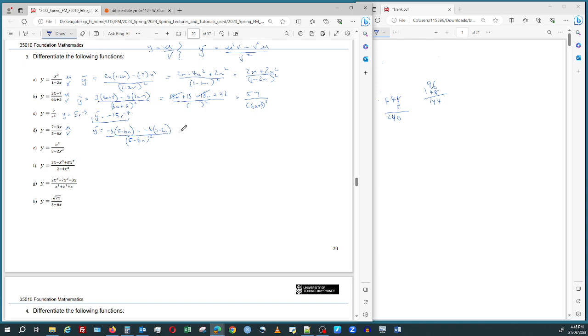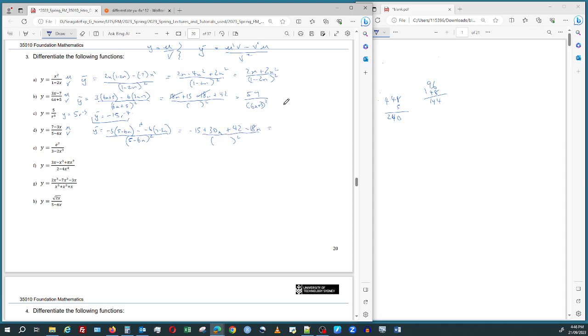Do the expansions, bit about minus times minus makes a plus here, so be careful. So we've got minus 15 plus 30x plus 42 minus 18x over the bracket squared.